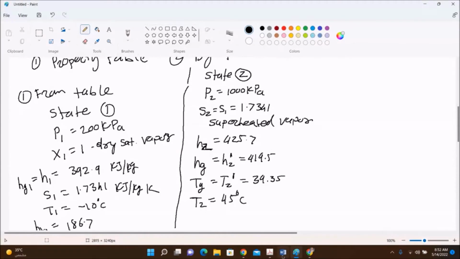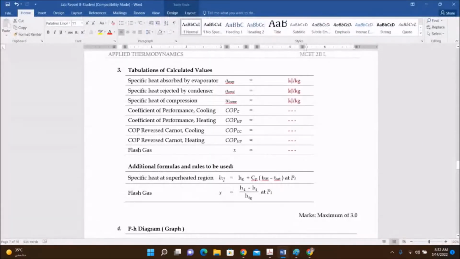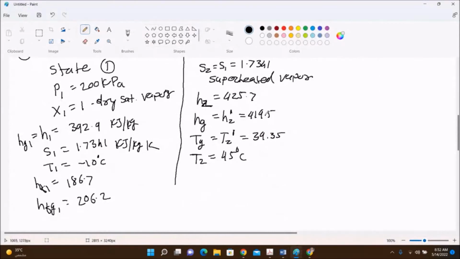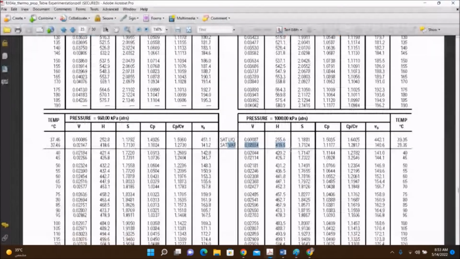Now it is asked in the report to find H2 by this formula, at P2. So I need the specific heat of the superheated steam also. The specific heat is from the table, at 45 degrees centigrade, the temperature there.